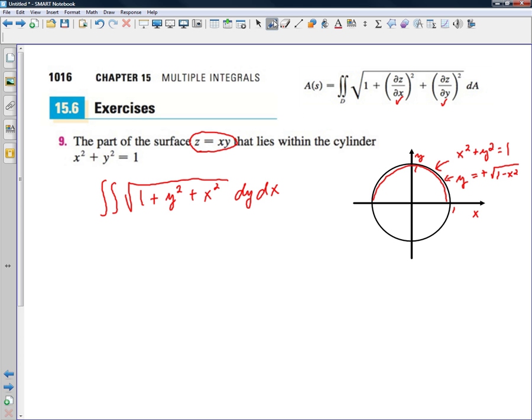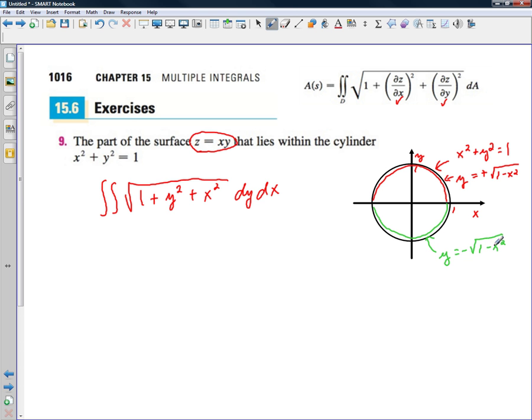And down below, when we have that portion of the circle expressed as y equals the negative square root of 1 minus x squared.